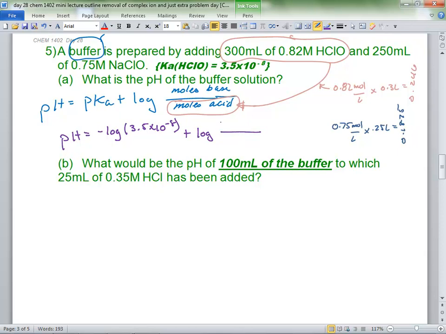Base or acid? Okay, especially this equation with the stars on it is the one where you really want to show everything, because you're going to need that to do the second part.